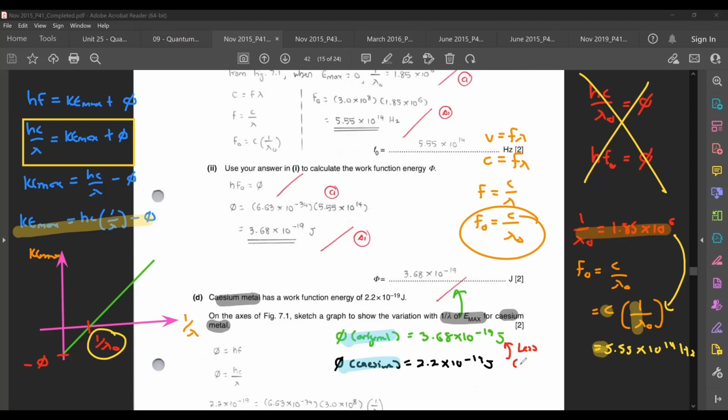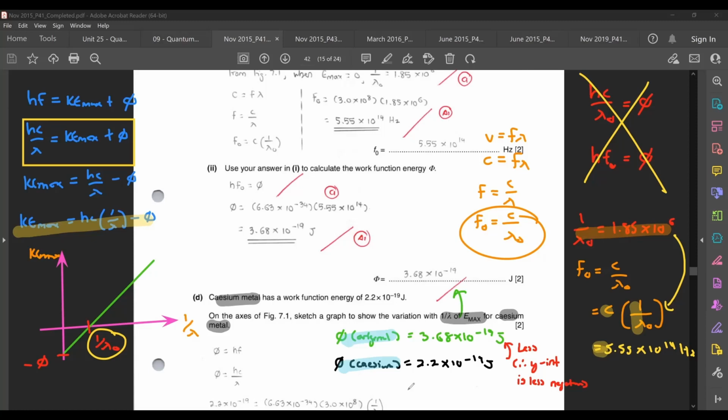So therefore, your y-intercept is higher on the graph. Or what should I say? The y-intercept is less negative now, following what I mentioned just now. Okay, so your graph line is shifted higher.